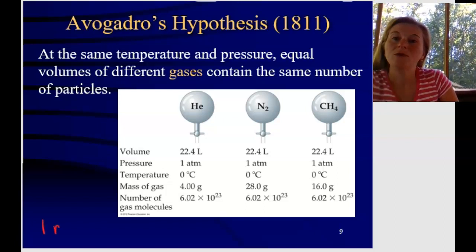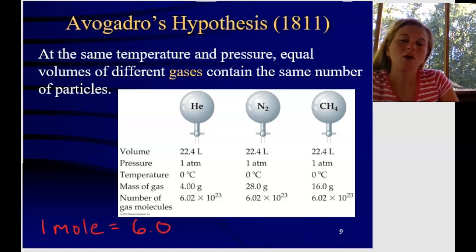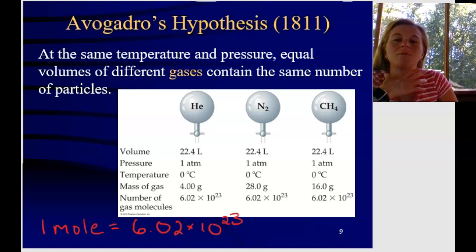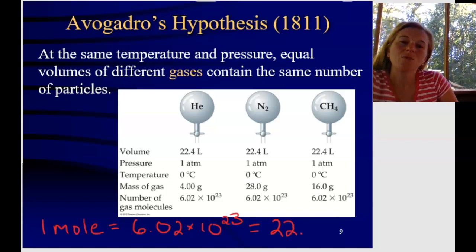I know you're excited, but 1 mole equals 6.02 times 10 to the 23rd atoms, particles, molecules, formula units, but it also equals 22.4 liters. And like I said, we will talk about Avogadro's number more in Unit 3, and then we will talk about Avogadro a lot in our gas unit much later in the year.